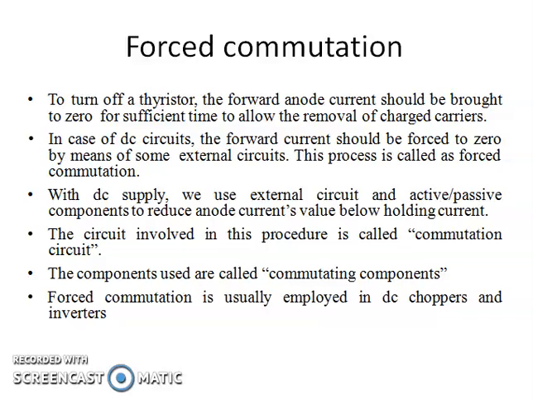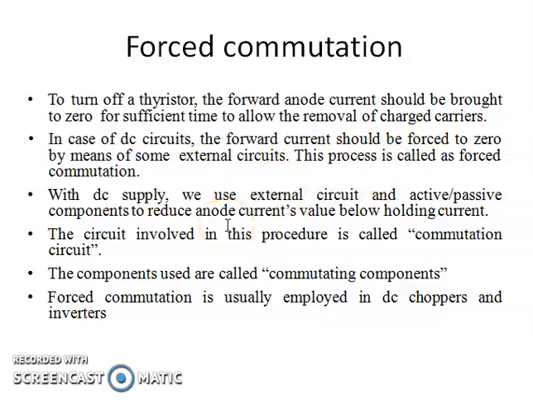To turn off a thyristor, the forward anode current should be brought to 0 for sufficient time to allow the removal of charge carriers. In case of a DC circuit, the forward current should be forced to 0 by means of some external circuit. This process is known as forced commutation.